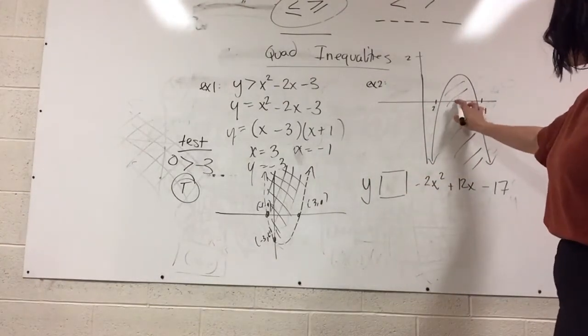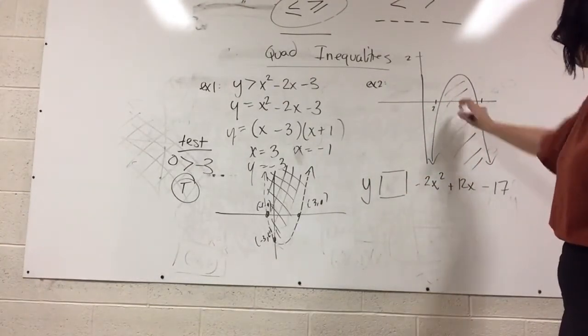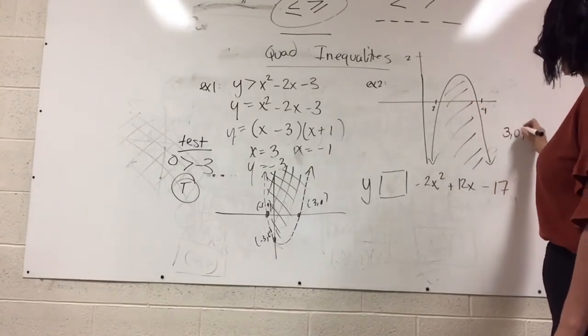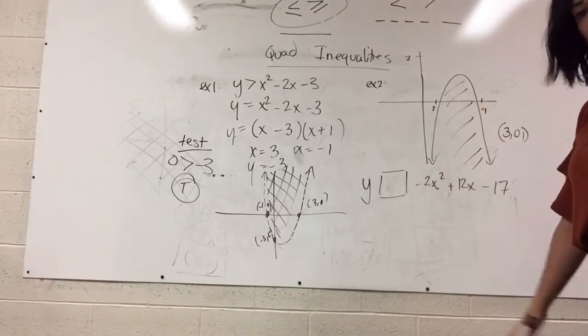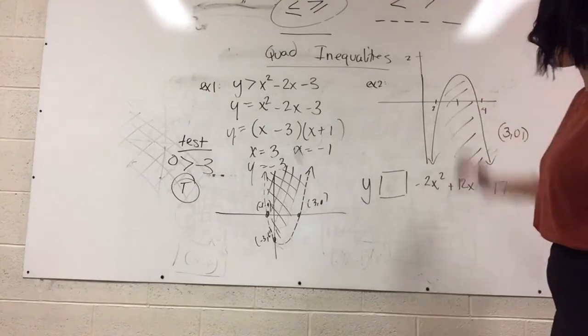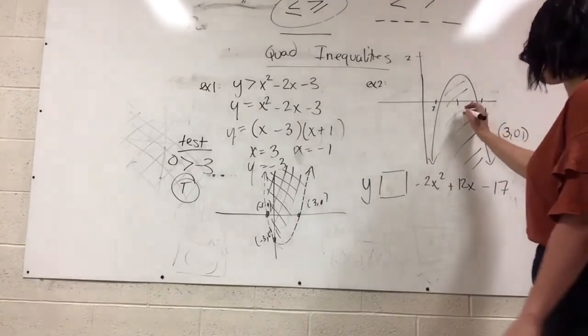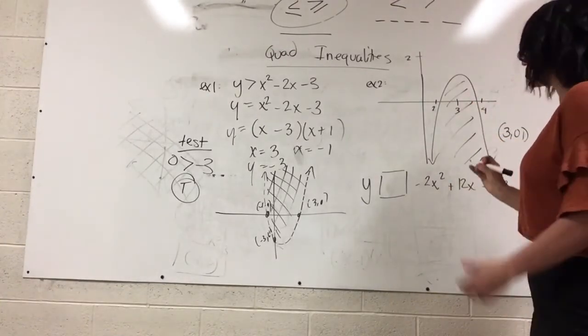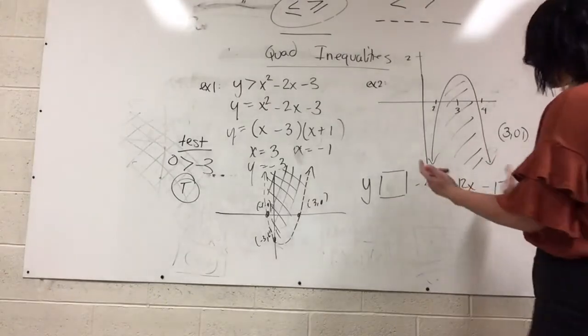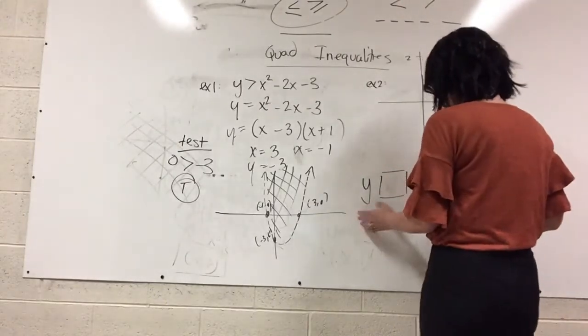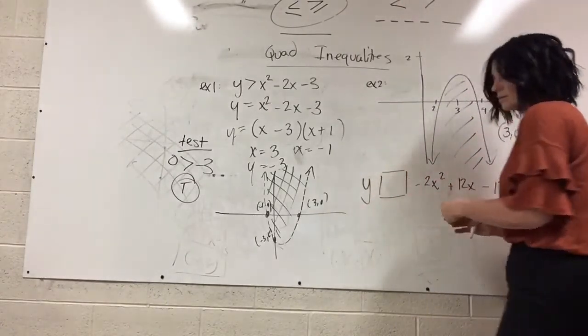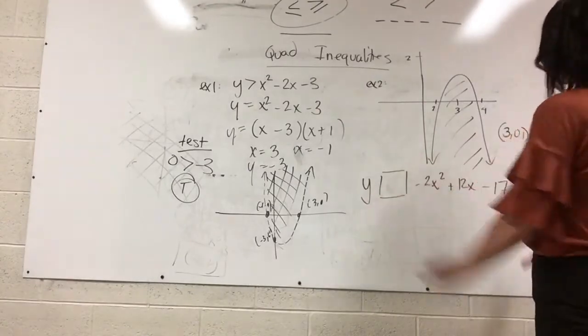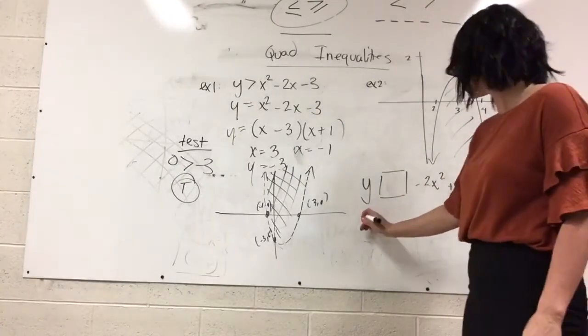It's obvious to me that the point 3, 0 is in the shaded region, because 3, 0 is right there. This is 2, this is 4, so obviously 3, 0 is in there. So I'm going to plug 3, 0 into this equation and choose the symbol so that the numbers I see are correct. So let's just do that. This is 0.